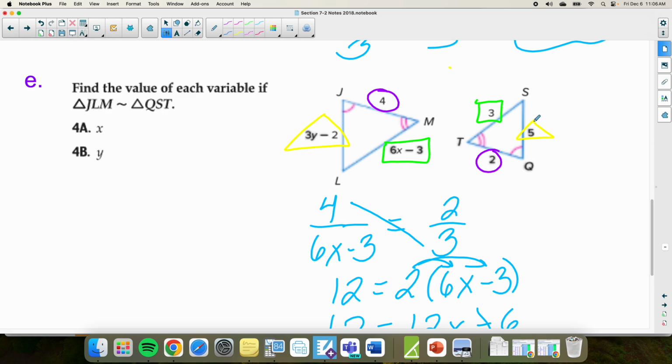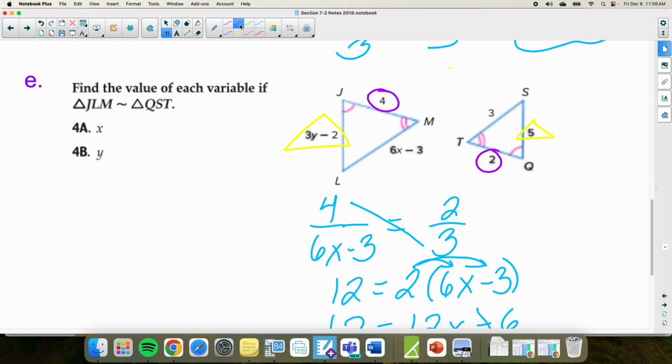Now in this case, I would not want to use the green ones, because I already found x. I'm going to just forget about the green, and I'm going to use the purple, and I'm going to use the yellow. Now again, you can go purple over purple equals yellow over yellow. You could go yellow over yellow equals purple over purple.